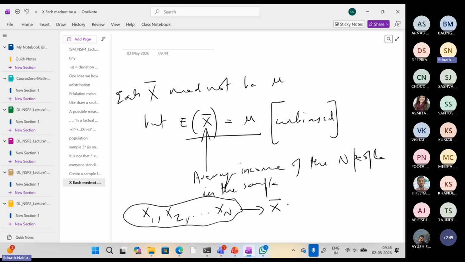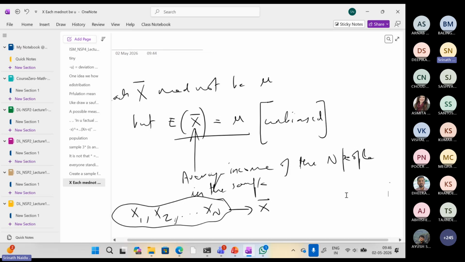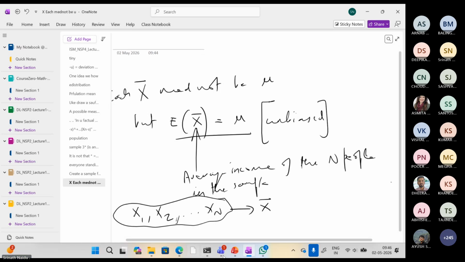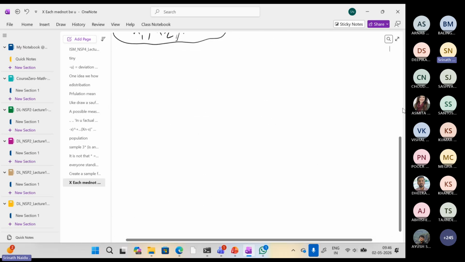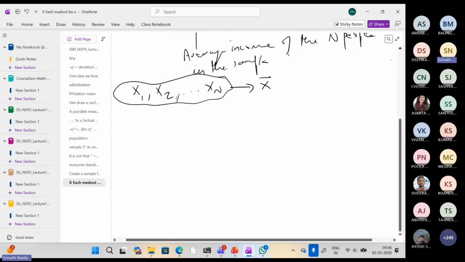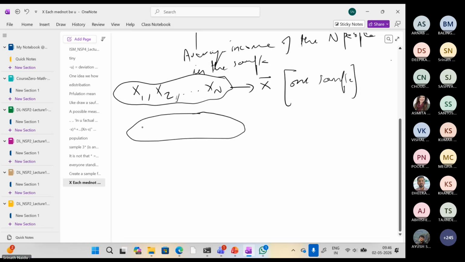This is sample 1, and this is X bar, one sample. Now, if I draw another sample, I get X1 prime, X2 prime, Xn prime. This will give me X bar prime, another sample.